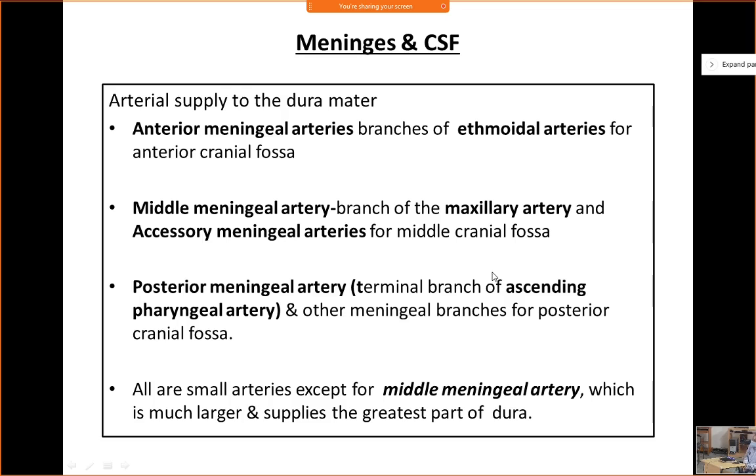Then the posterior meningeal artery, which is a terminal branch of the ascending pharyngeal artery, and other small meningeal branches supply the dura mater present in the posterior cranial fossa. All these three arteries are mostly small in size, but out of these three, the middle meningeal artery is larger in size. Okay, and it supplies most of it, because the middle cranial fossa is larger than the posterior and anterior cranial fossa.